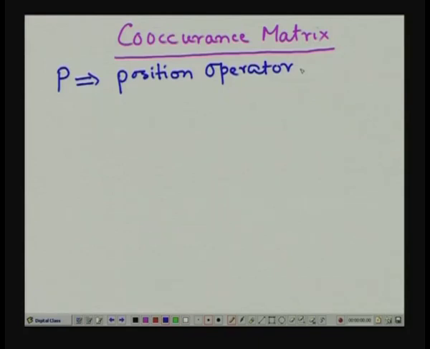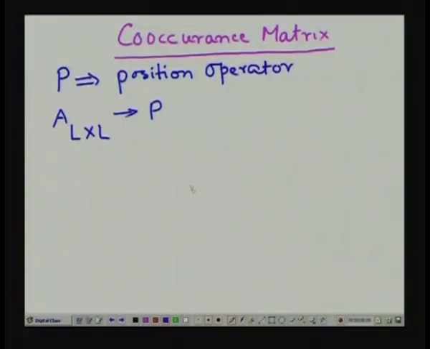And before deriving the co-occurrence matrix, we will generate a matrix, say A, which will be of dimension capital L by capital L, and this matrix A will be generated using the constraint which is specified by the position operator. Here again our assumption is that the gray levels in the texture image vary from 0 to L minus 1.